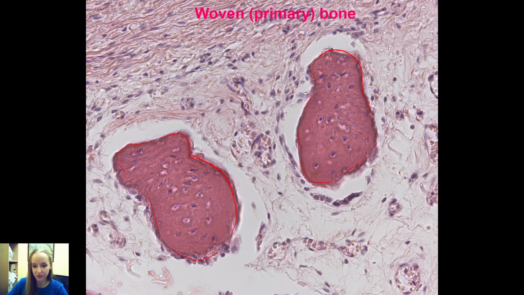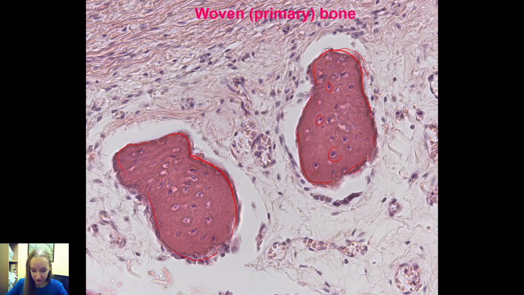They're made of these trabeculae of bone. Right here, these are osteocytes in the middle. On the surface, there are osteoblasts. And here we can see some connective tissue around, so probably this bone is just forming itself.